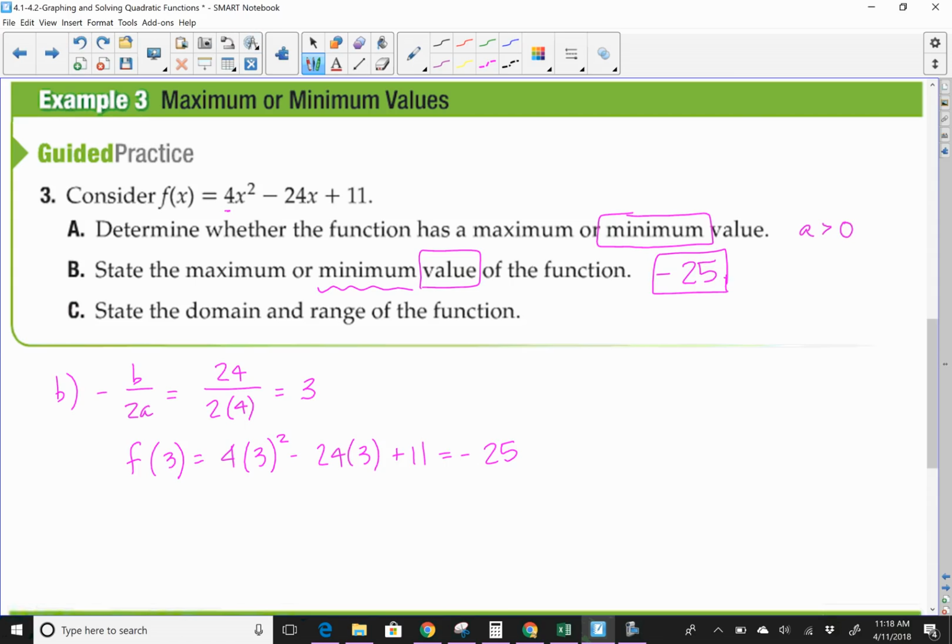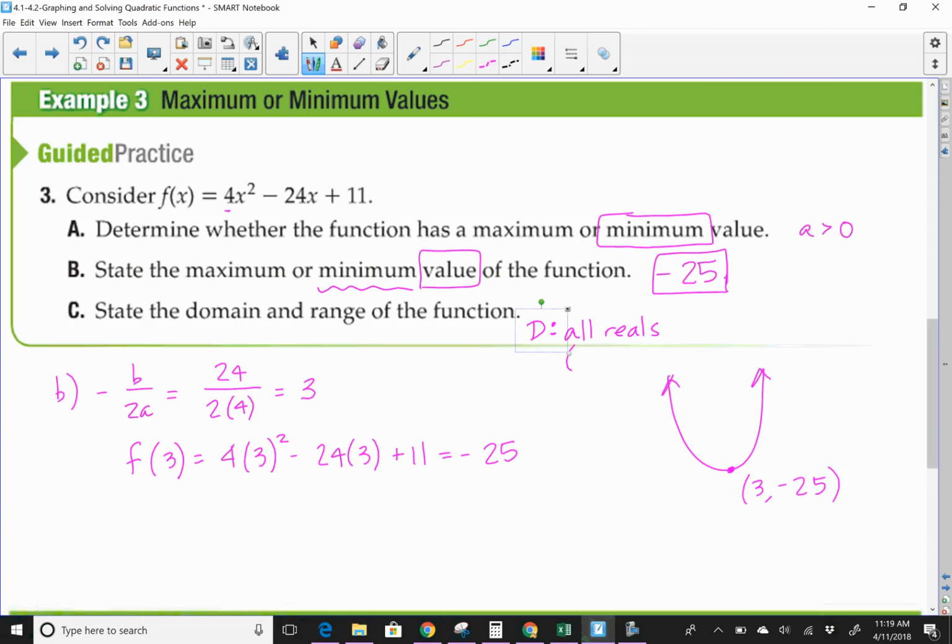Okay, state the domain and range. So I hope you can do this without graphing, but to give you a little visual, help you understand. The parabola goes up, boom, and the minimum point on that parabola we just figured out was 3, negative 25. Okay, the domain for every quadratic function is all real numbers. You can write all reals.